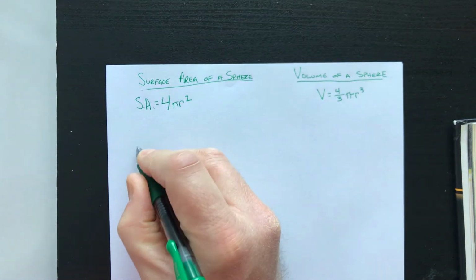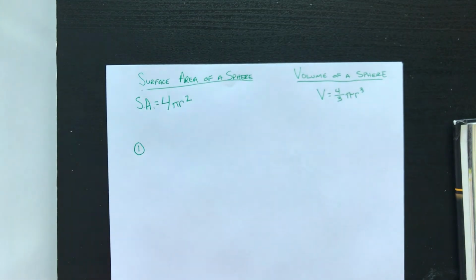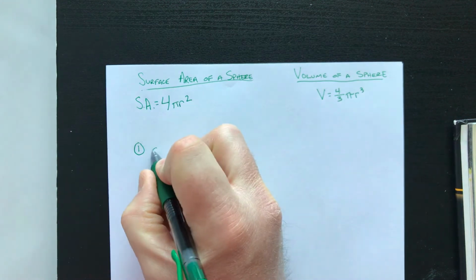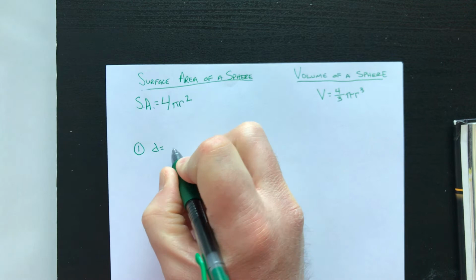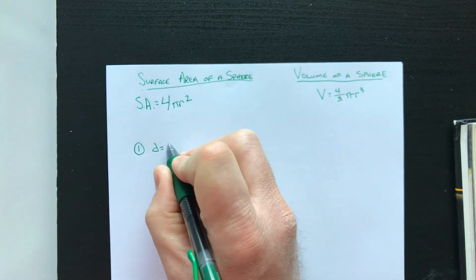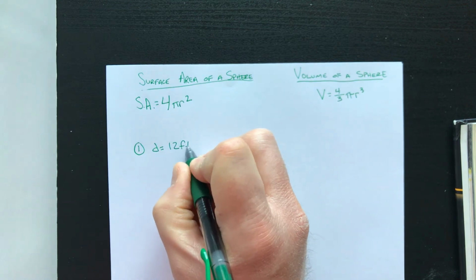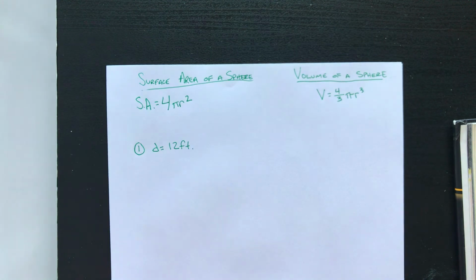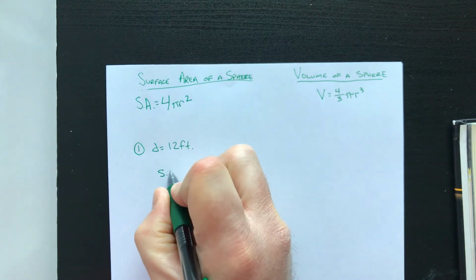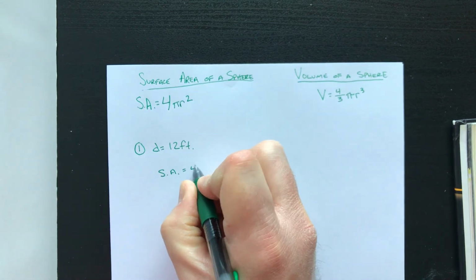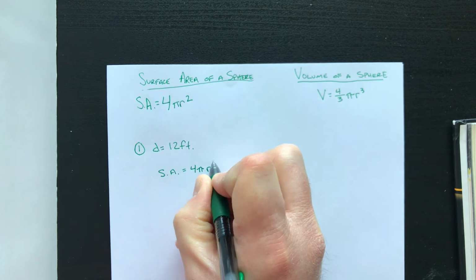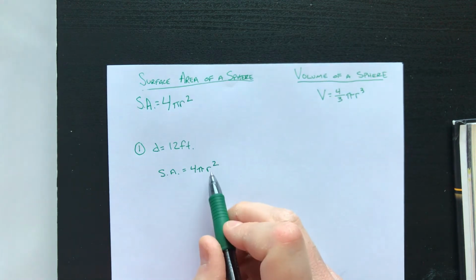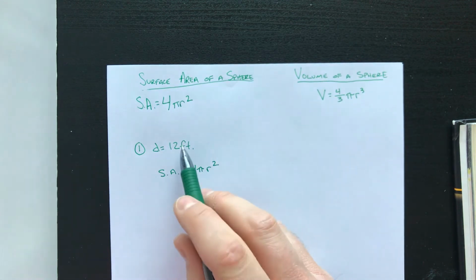And I'm going to do the first three problems on page 736. So they tell us that the diameter of a sphere is 12 feet, and they want us to find the surface area. Well, that's actually pretty simple. So the surface area, once again, is equal to 4 pi r squared. And the r is going to be half of the diameter.